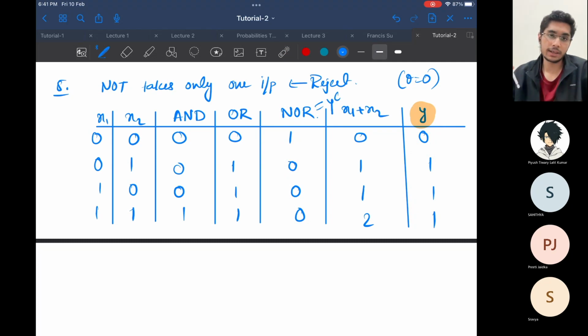If you take y and just take the complement of it, you will actually be able to recover NOR, right? So both NOR and OR functions can be modeled using this MP neuron. So this is the explanation for this question.